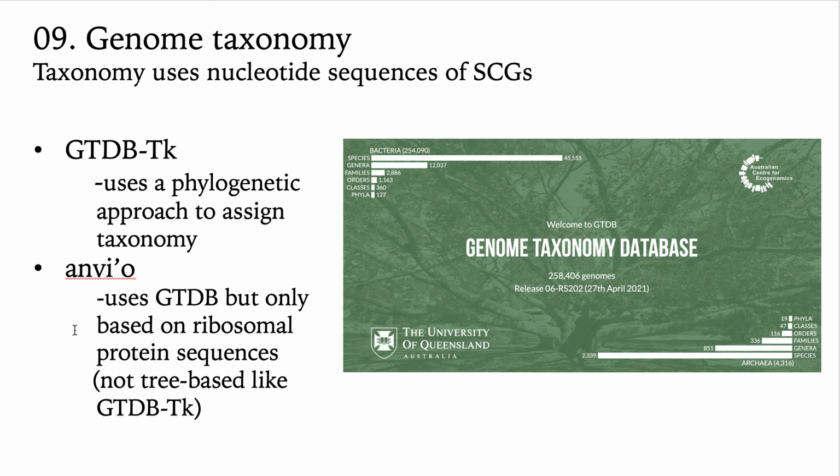It's not a phylogenetic approach like GTDB-Tk. And so I've had many instances where my MAGs will fail to be annotated by Anvi'o, even though it's using GTDB. But if I run it through GTDB-Tk, I will get the closest relative and likely taxonomic annotation. So just keep that in mind if you want to use Anvi'o for your taxonomic assignment.